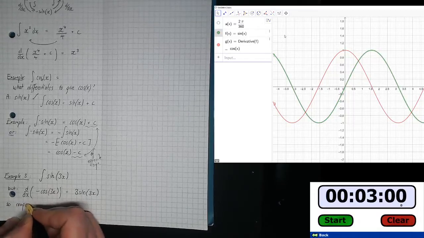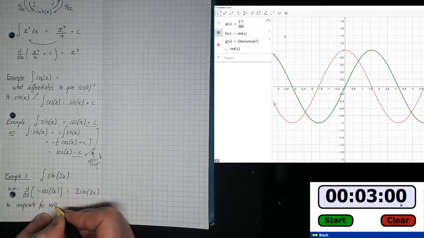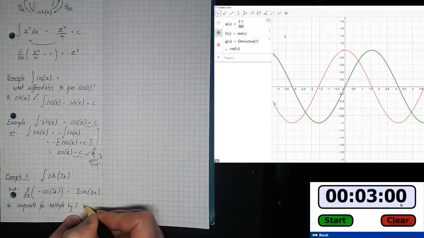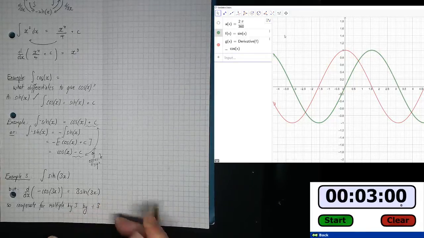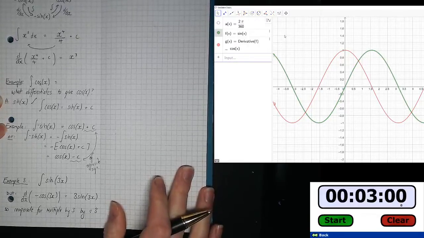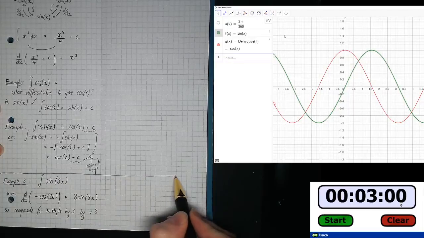So I want to compensate for the multiple of 3 by dividing by 3.